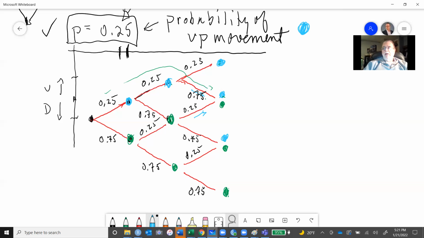Okay. So here's where we go. Create another column over here and record for each one of these nodes. Whoops, don't want to lose all those guys.